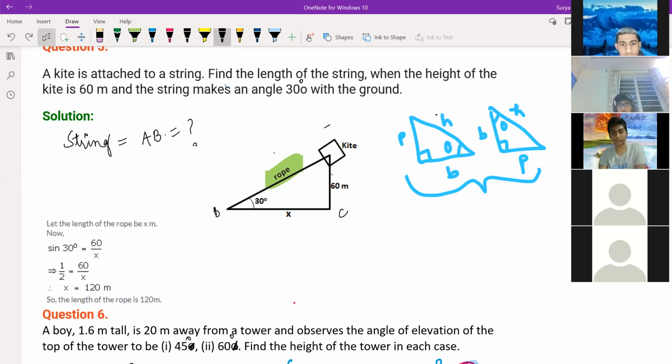So when it is 45 degree, at that time we should find the height of the tower. And when it becomes 60 degree, at that time, both cases will be different. So first you try this one. If you're not getting it, then you ask me.